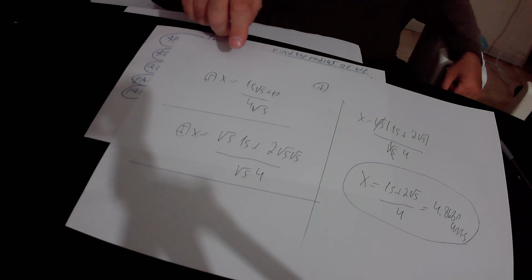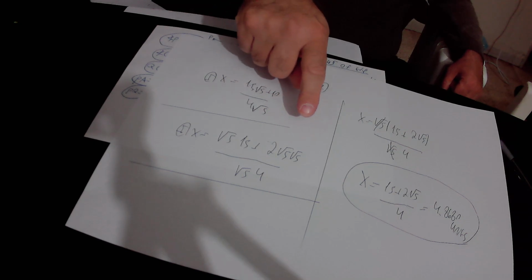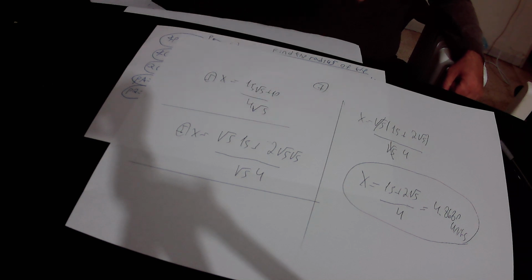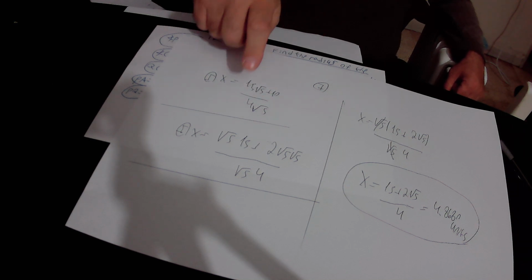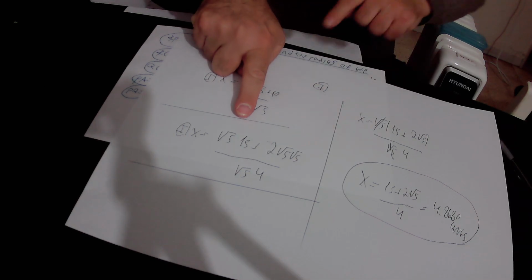So x equals square root of 5 times 15. We substitute 10 by 2 times square root of 5 times square root of 5, divided by 4 times square root of 5. Then we took square root of 5 as a common factor from those two expressions.